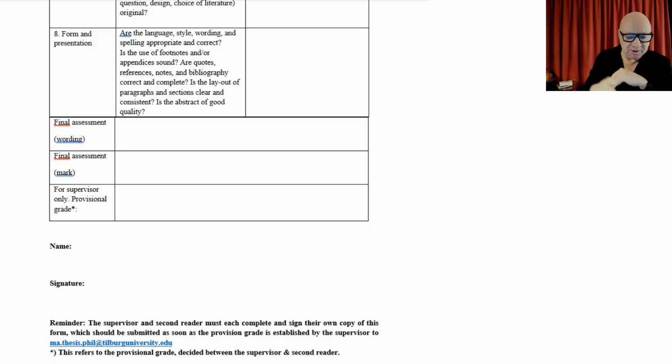Okay, so what happens if you look at the final assessment? Then the supervisor or the second reader or the third reader fills out the final assessment in words and then gives a mark.